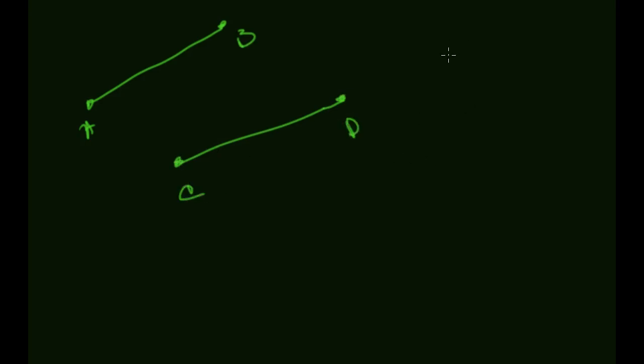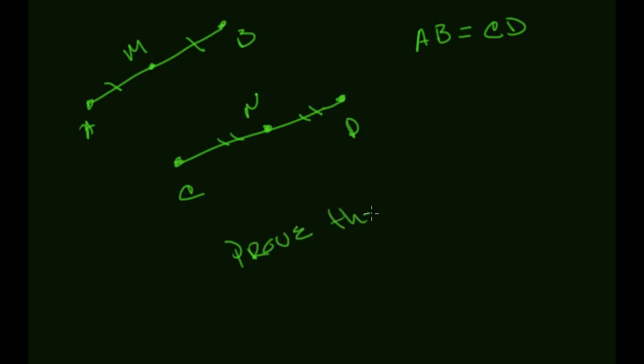We know that AB is the same length as CD, and that if I take the midpoint of this segment, so M is the midpoint of this one, and N is the midpoint of this one, we want to prove ultimately that MB is the same length as ND.